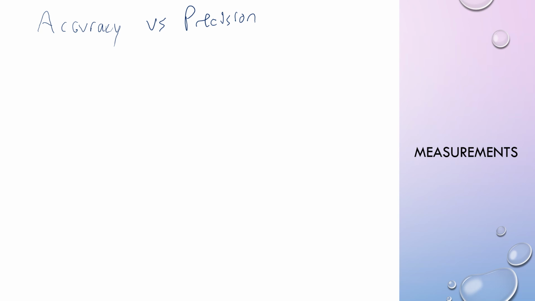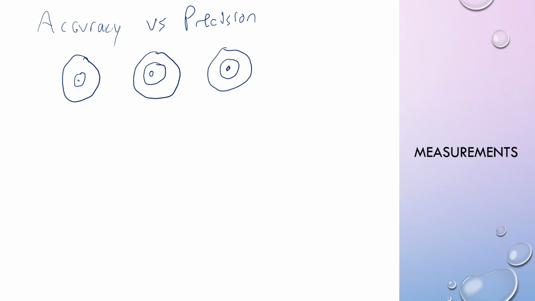I will say a really common example for accuracy versus precision is using the target. Like think archery target. These ones kind of look like Bohr models. So let's say the center of the target is your true measurement.